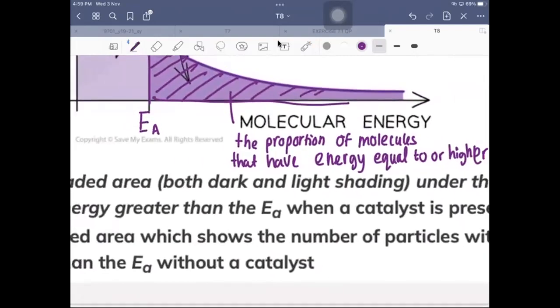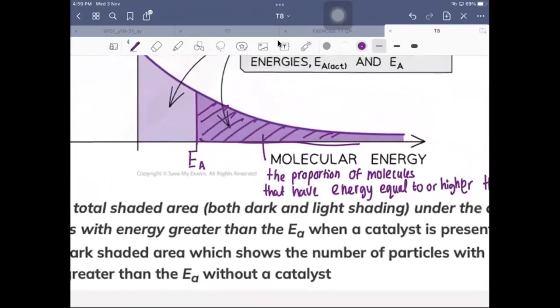Okay, so this is the proportion of molecules. This is the number of molecules that can bring out a reaction. Okay, that can make a reaction happen.